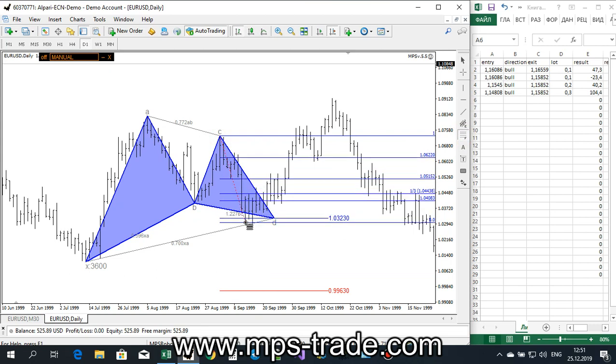So the first execution is 103.23.0, yes, and this was bull. And the exit was this candle spike, as I told you, 104.41.5. Perfect.